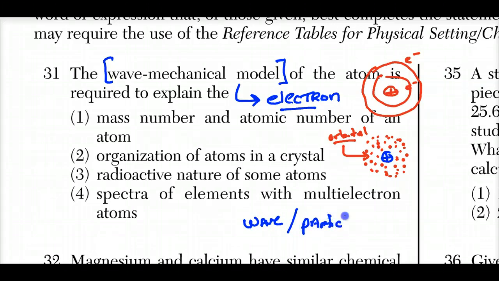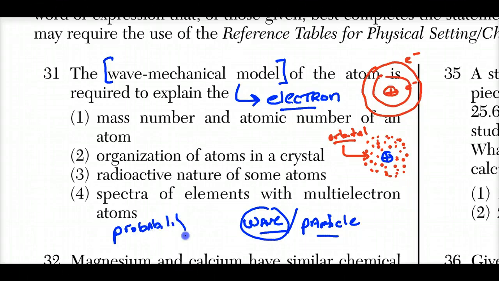So when you're talking about the modern model, we're talking about electrons having wave properties, as opposed to just straight negatively charged tiny particles. Also, we're using the word probability because we cannot narrow down exactly where one electron is. We can just say with a probability where it can mostly be found. So wave properties, probability, and the word orbital are all your key words for this type of system.